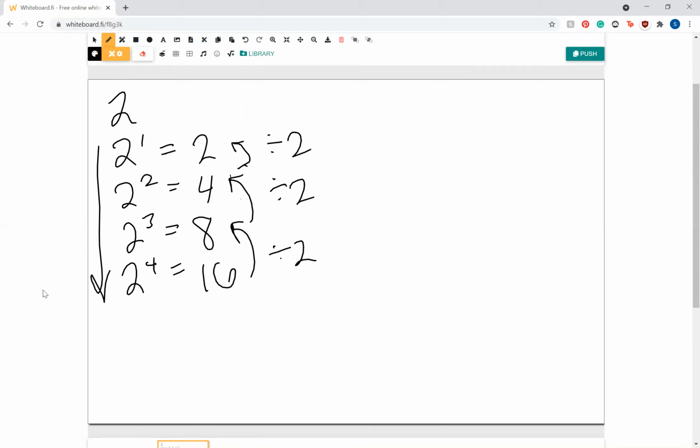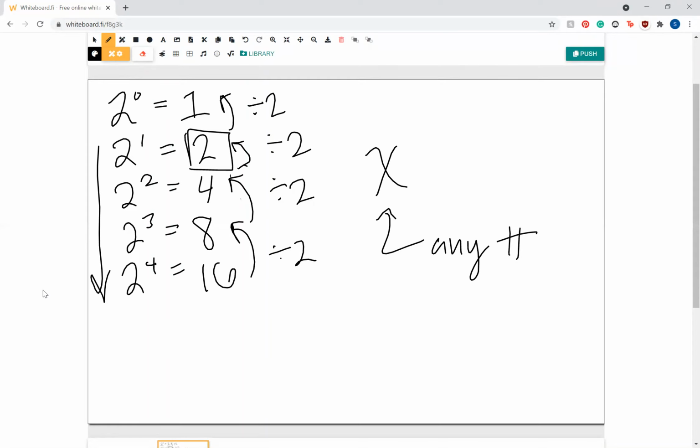But what happens when we get to 2 to the power of 0 if we just kept going up? Well, if we apply the same rule, divided by 2, 2 here divided by 2 is just 1. So that gives us the rule that x, being any number, to the power of 0 is equal to 1.